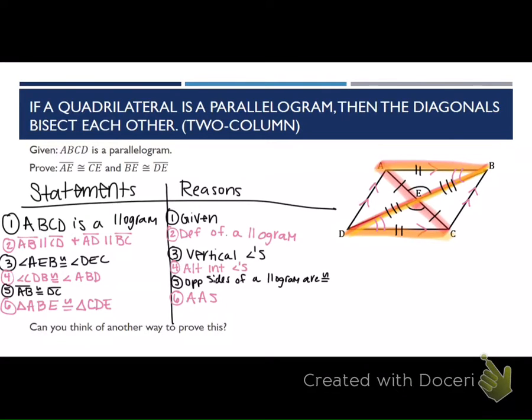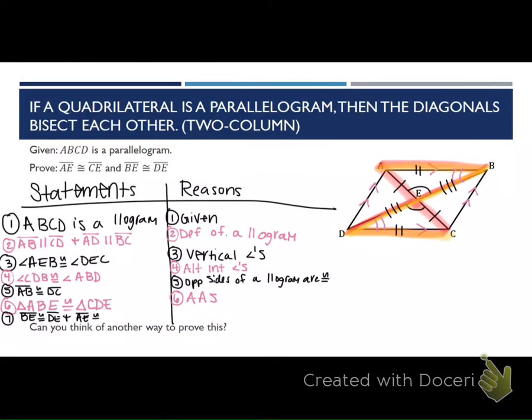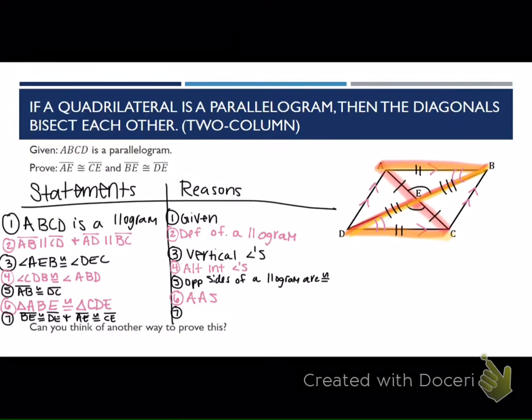So that means by CPCTC, those things are congruent. So BE congruent to DE and AE congruent to CE by CPCTC. I don't know why I put by there, sorry.